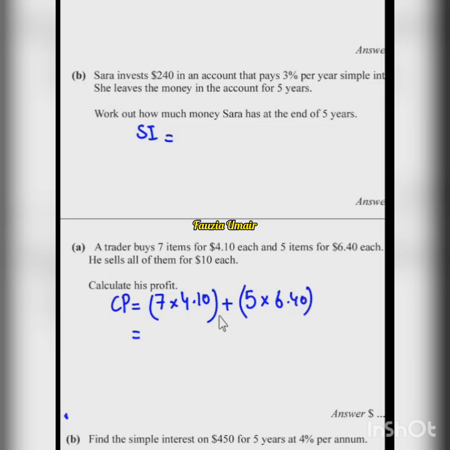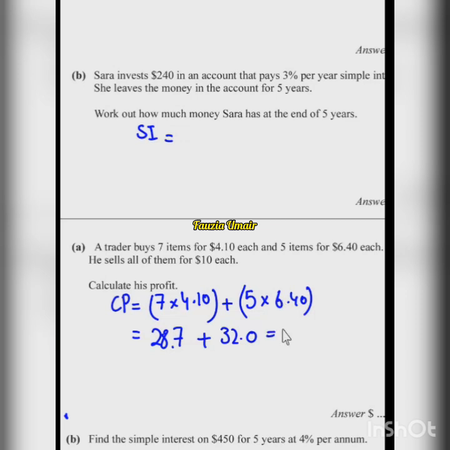Just simply calculate it. 7 into 4.1 is 28.7. Plus, if you calculate this part, 6 5 4s are 20, 6 5s are 30 and 32.